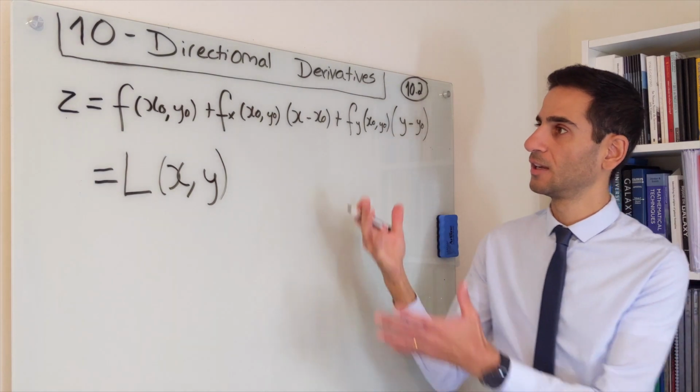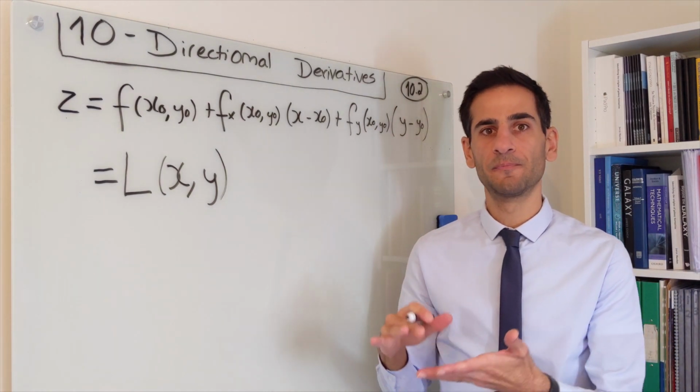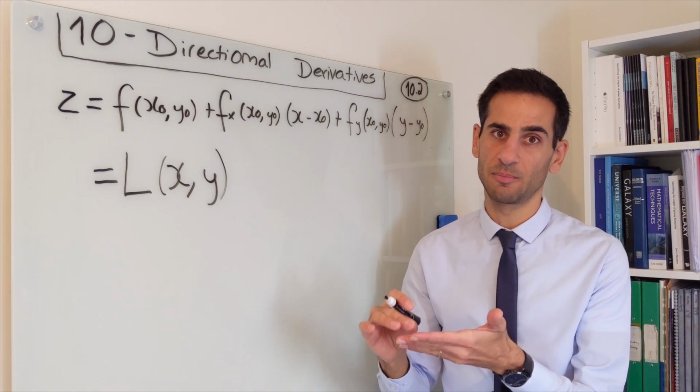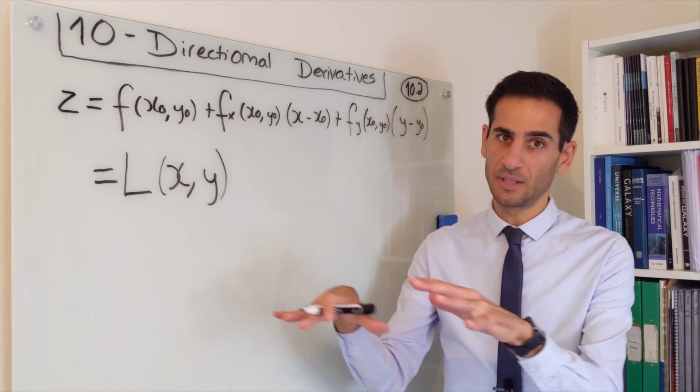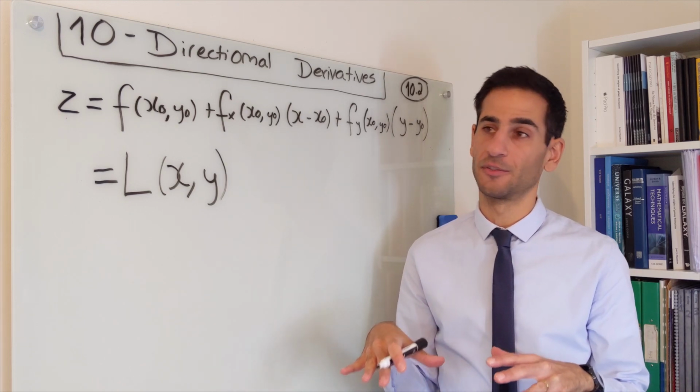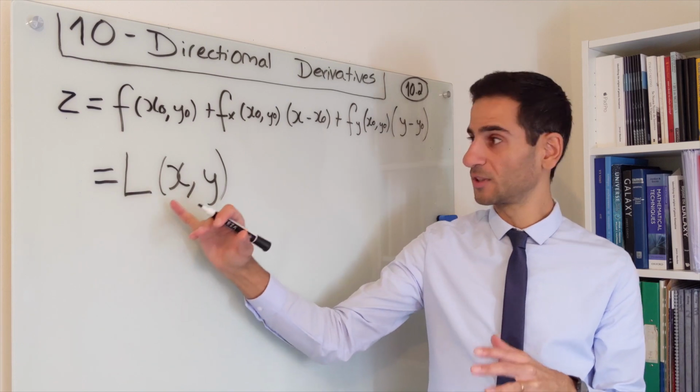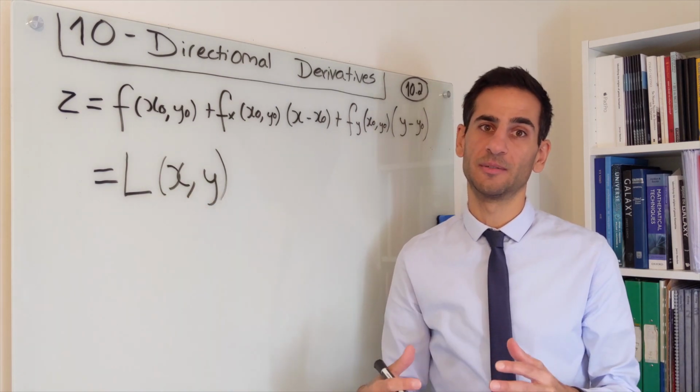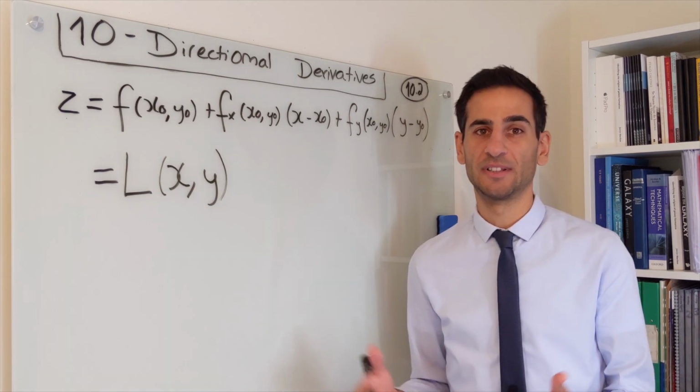In other words, if you find a tangent plane to a surface at a specific point, as long as you keep to the vicinity of that surface, this function, which is a function of x and y, will approximate your surface quite well. What does this imply?